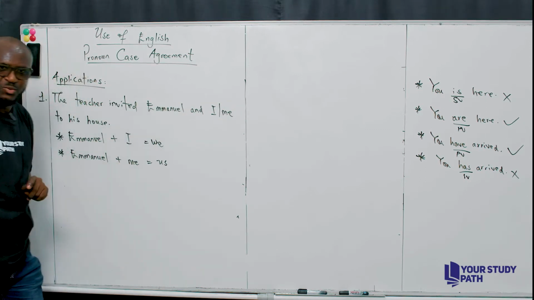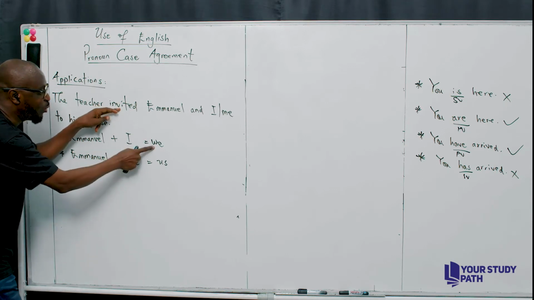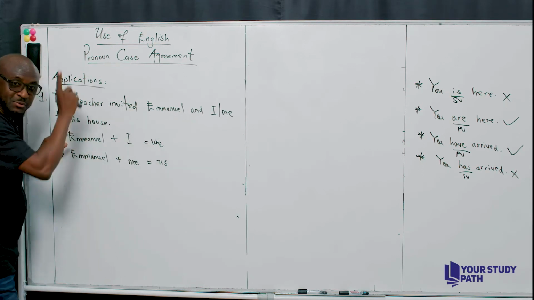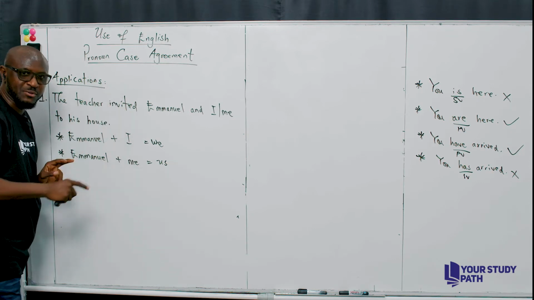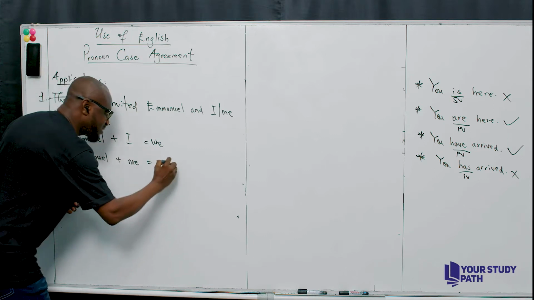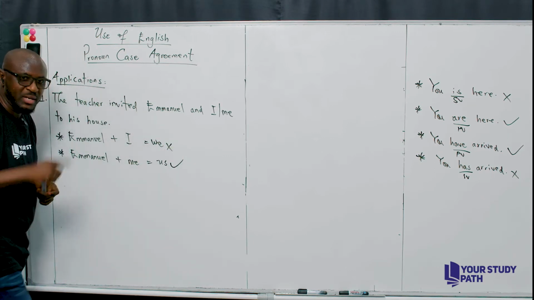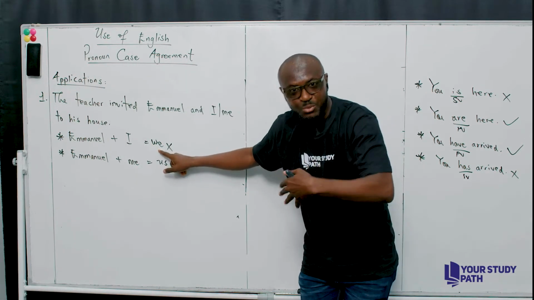Then read the sentence. What do you have? You now have this: "The teacher invited we to his house." We keep that. "The teacher invited us to his house." Obviously, the correct one here is us. Why? Remember we said, we is a subject case pronoun.